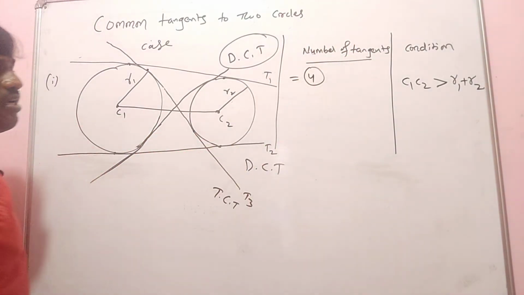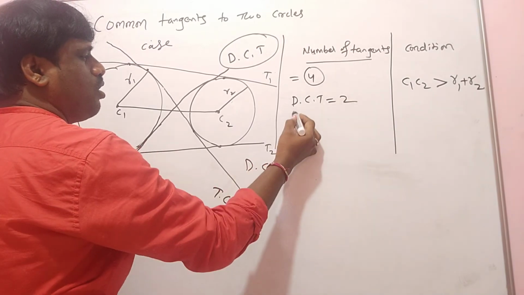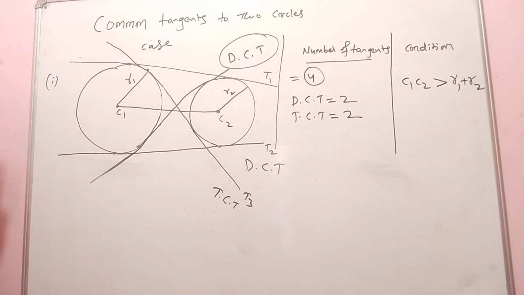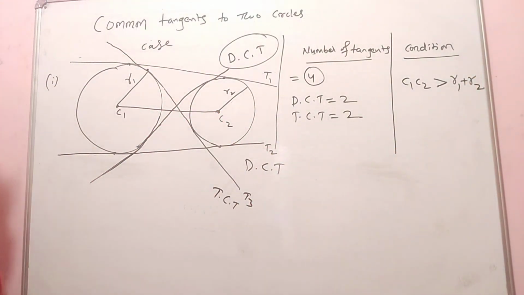This is the most important one. Direct common tangents are 2, transversal common tangents are 2. So the number of common tangents is 4: direct common tangents 2, transversal common tangents 2. So condition 1 is C1C2 greater than R1 plus R2.